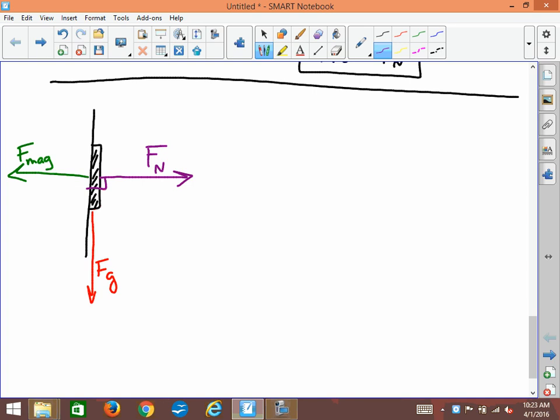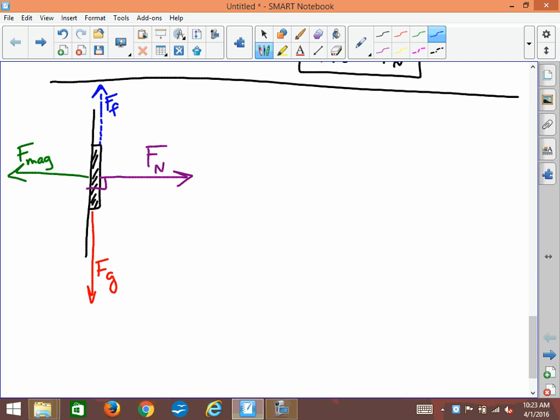And you might also ask, well, okay, that's great for the x and that's balanced, but look at the y, it's not balanced. And so the up and downy forces, what should happen now is the magnet should accelerate down the fridge, but it doesn't. And there is another force that we're about to learn about in the next video, which would be acting up this way, and it would be the force of friction.